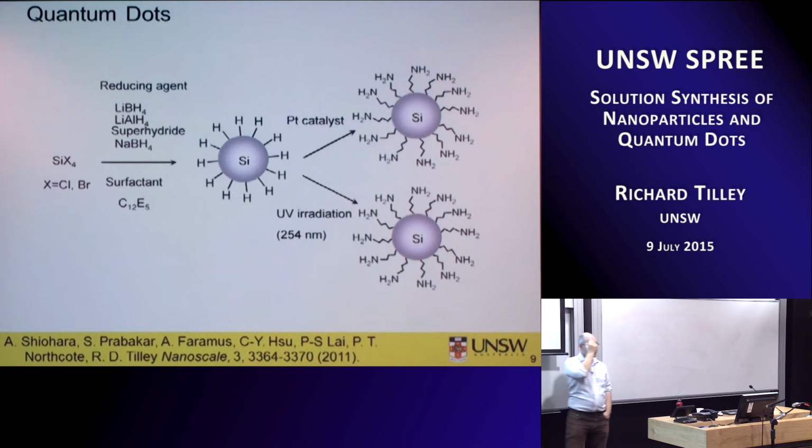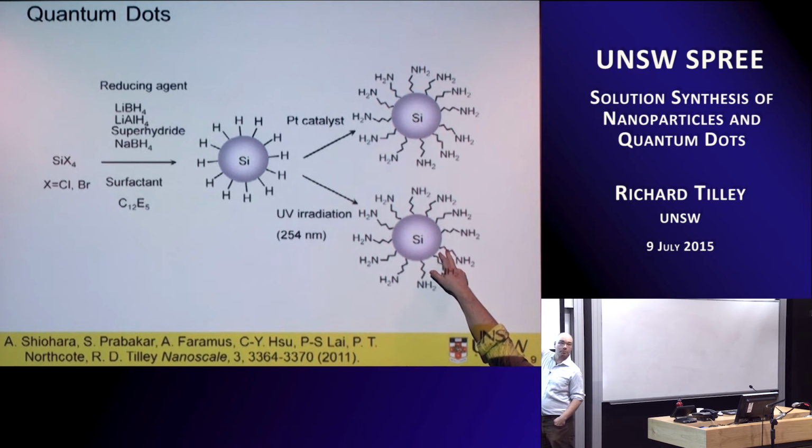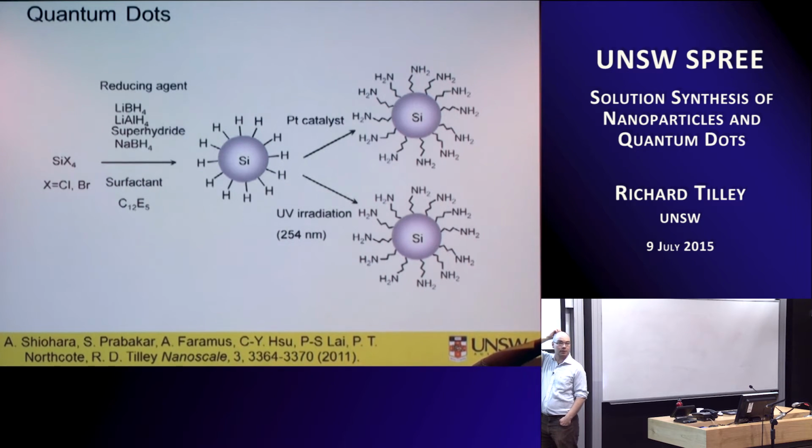We can react that silicon-hydrogen bond with a carbon double bond, to end up with a robust silicon-carbon bond on the surface of the dots.